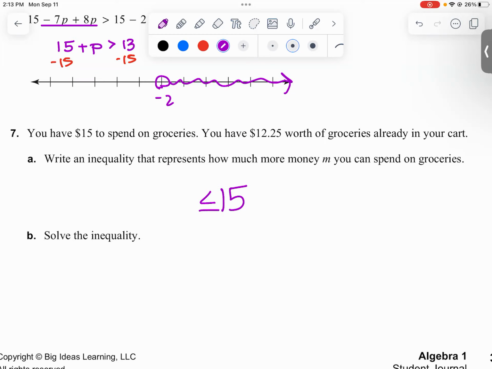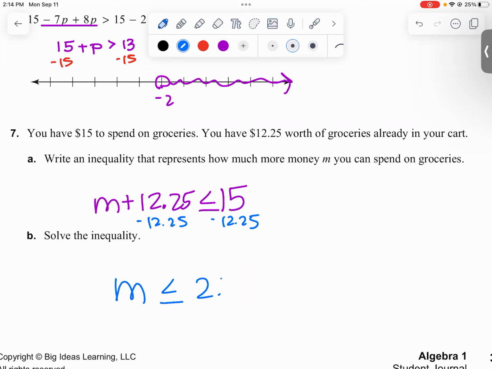What goes on the other side? M plus 12.25. We have a certain amount of money we can still spend plus what's already in our cart. We can spend less than $2.75.